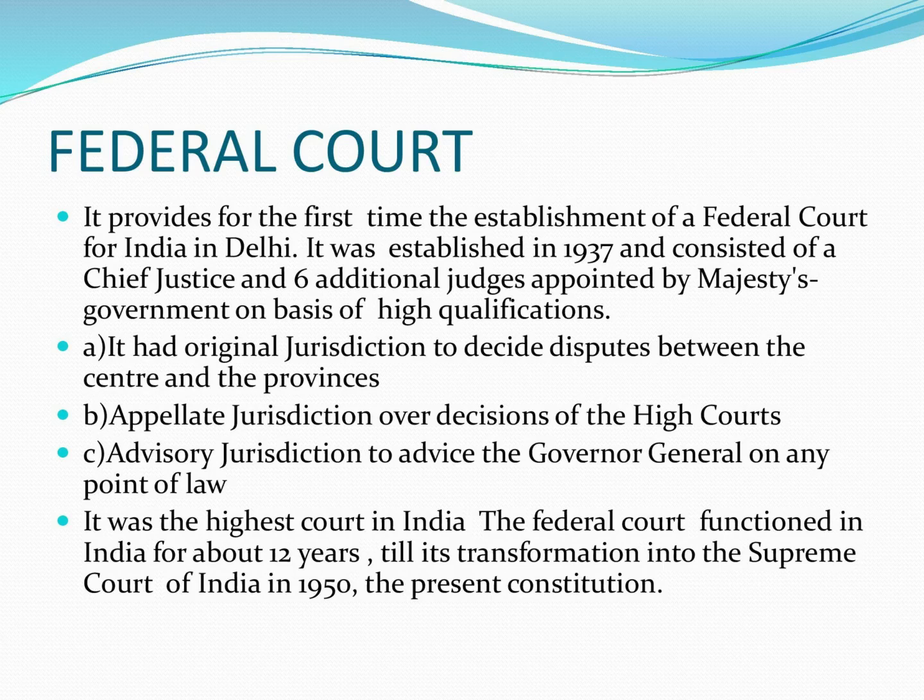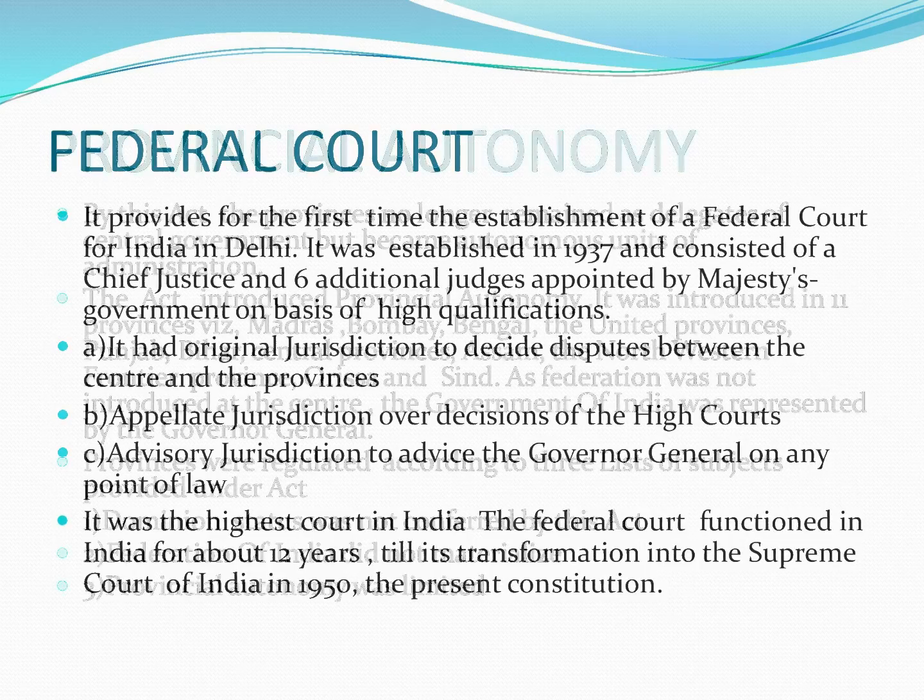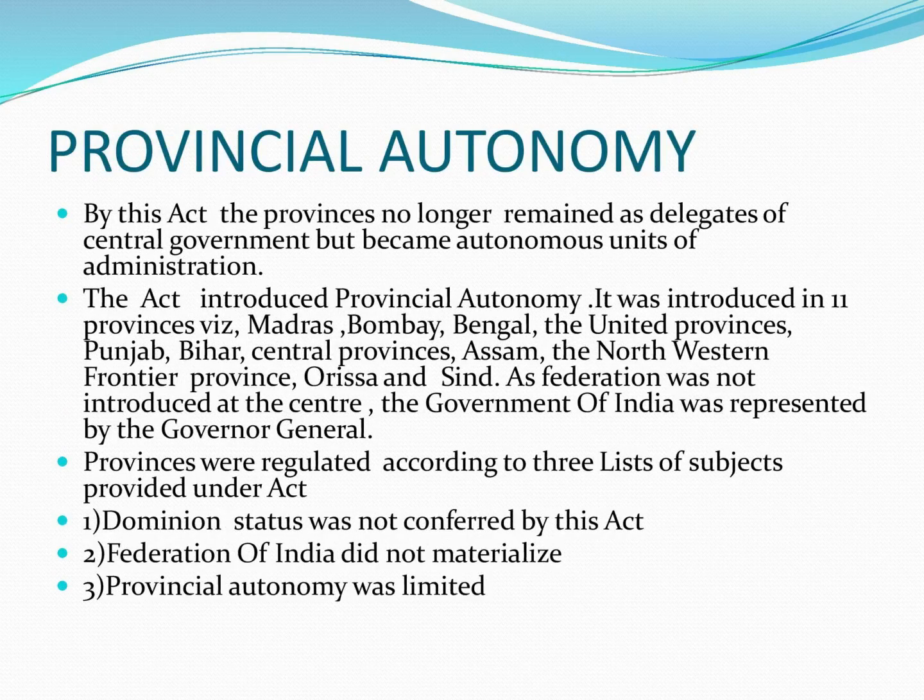Then another important object from this act, that is provincial autonomy. That means provinces were provided certain privileges. So by this act, provinces no longer remained as delegates of the central government but became autonomous units of administration.